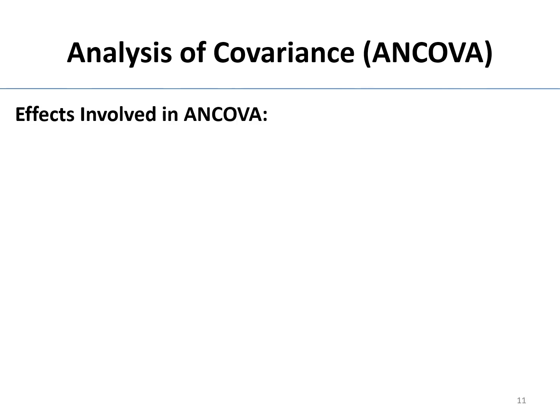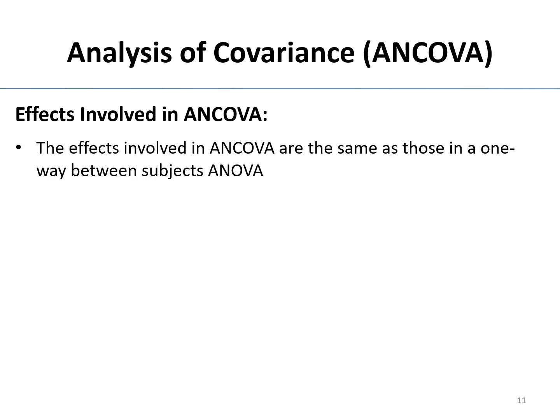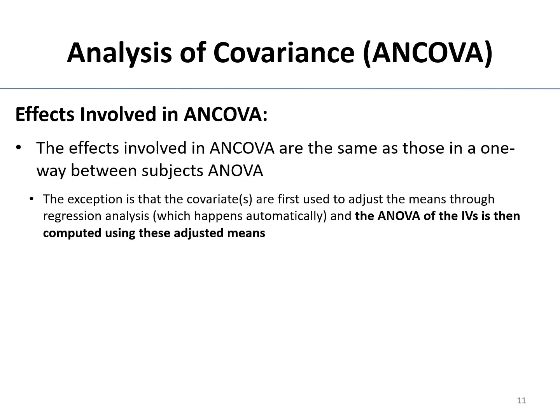So there are multiple effects involved in the ANCOVA. It looks a lot like ANOVA, to be honest with you, except that there's extra lines for each covariate. The covariates are first used to adjust the means through regression analysis. That happens automatically, like you don't even know it's happening. You just run an ANCOVA in SPSS.